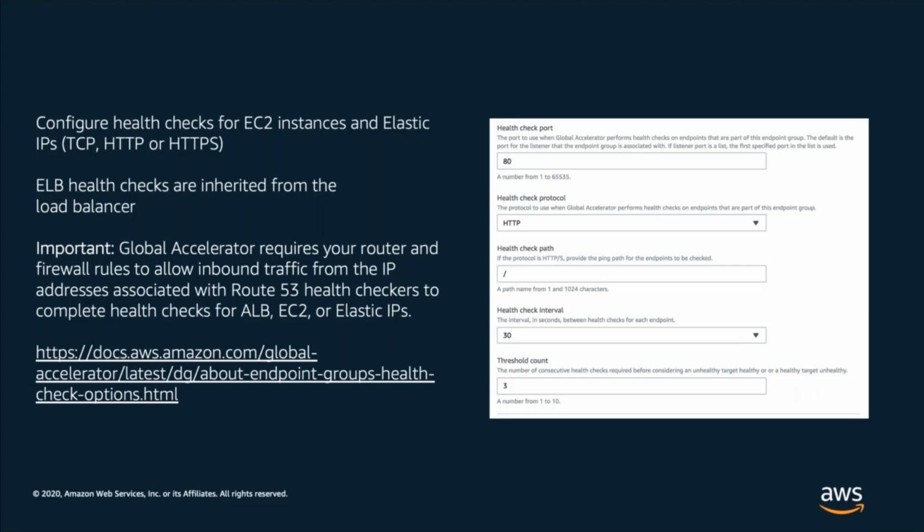An important note here is that we use Route 53 health checkers behind the scenes. So in your security groups or firewall rules, you want to open those to the Route 53 health checks, and that's the communication link to do that.